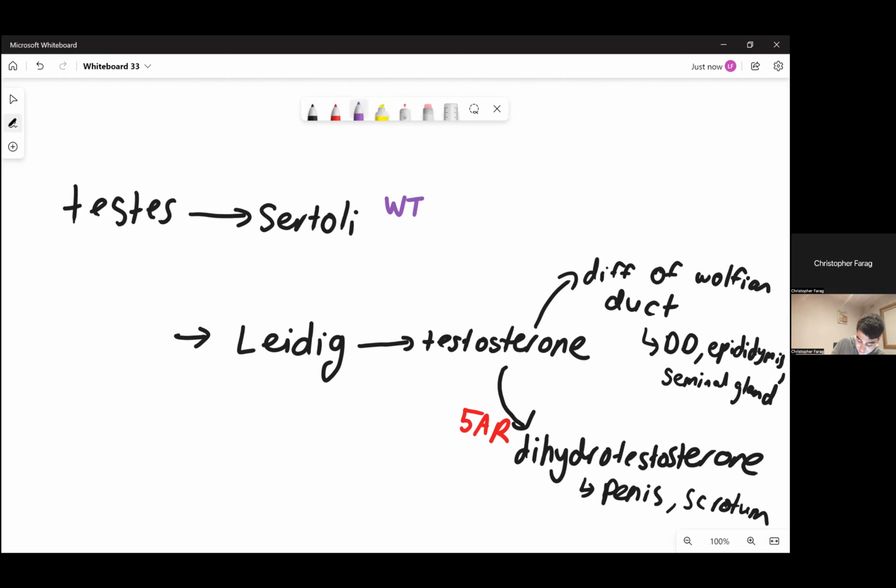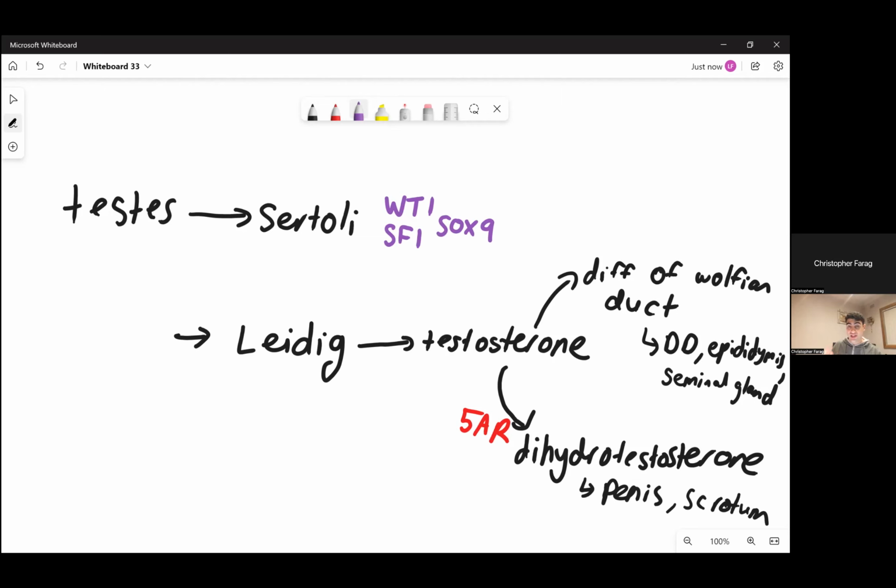WT1, okay? SF1 and SOX9. Okay, so WT1 and the SF1 genes must be active together, and by doing so, right, by being expressed together, they're able to activate SOX9, the SOX9 gene, okay?